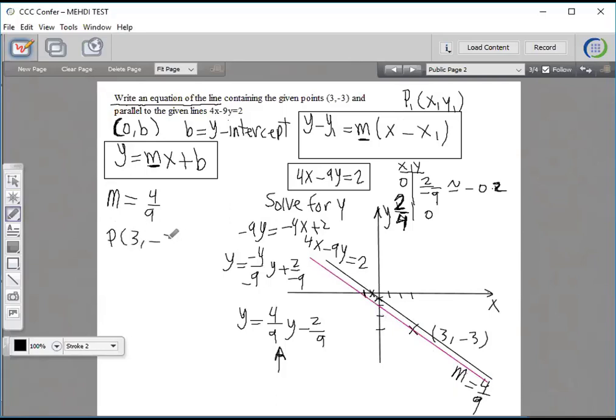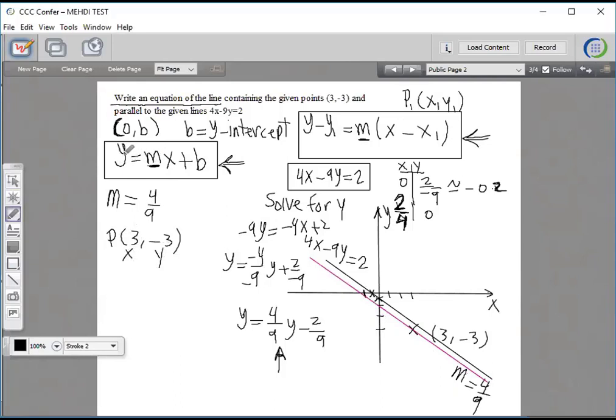3 and minus 3. So what we're going to do now is substitute this information into this equation, or you could actually substitute into this equation. Again, I really like this one because it's a lot easier to use. Because if I treat this as point P, this would be x, this would be y.